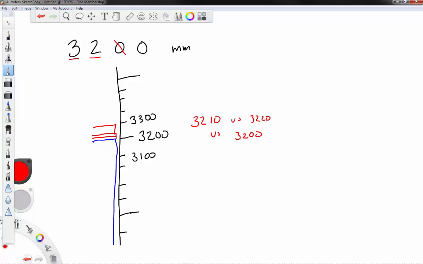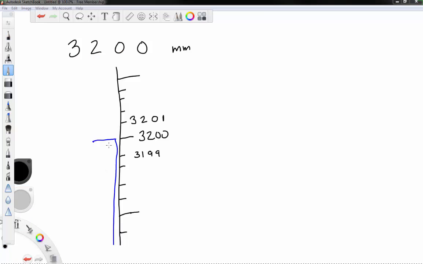Now let's consider this process a second time. Now we have a different measuring device, and it's marked like this, and you can distinguish between each of these lines. So you have an object that you've written down 3200, and you decide you have a second object and you're going to measure it. Well, this one you probably still write down as 3200, but you might guess it at 3200.4.